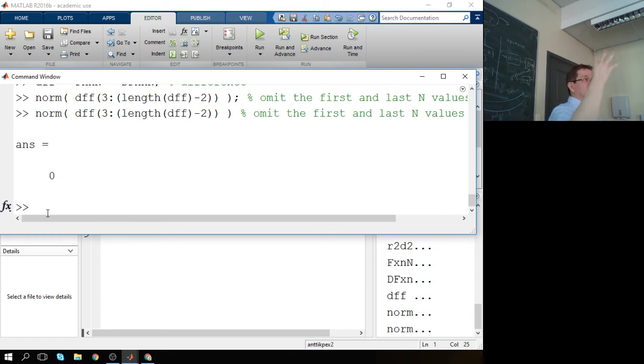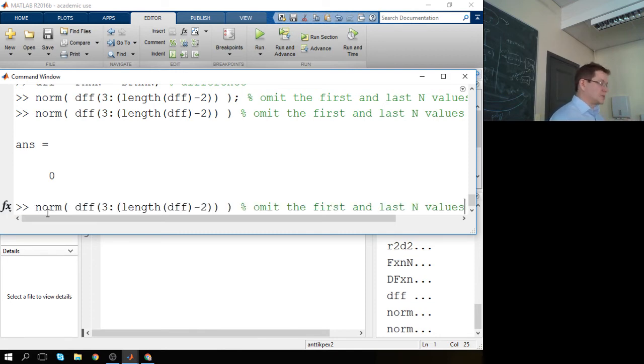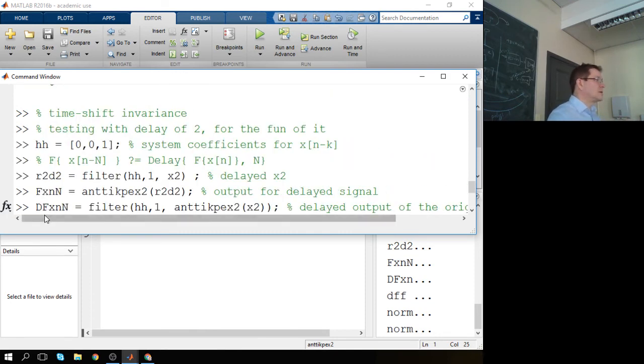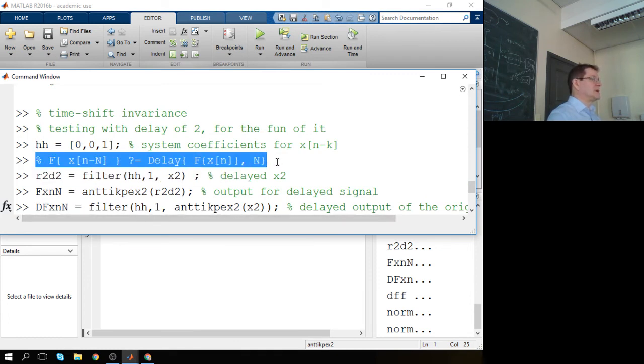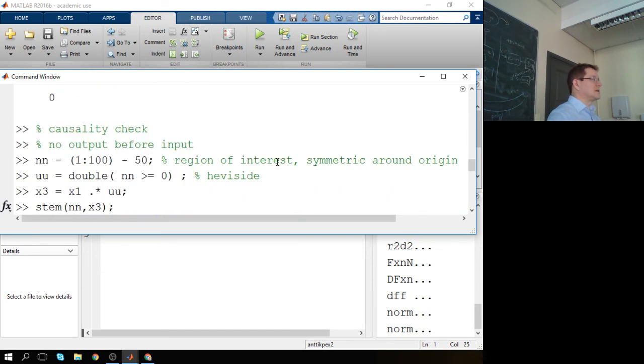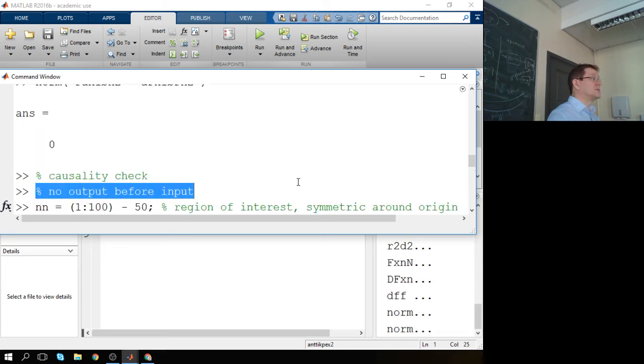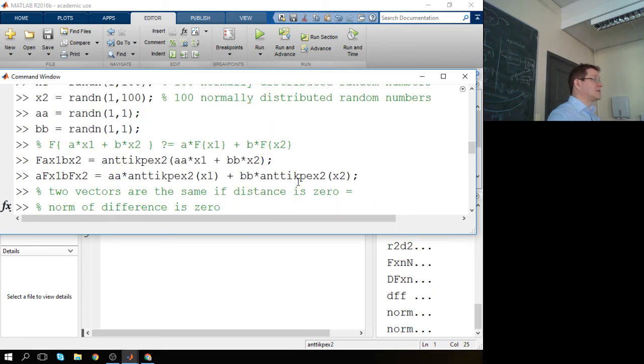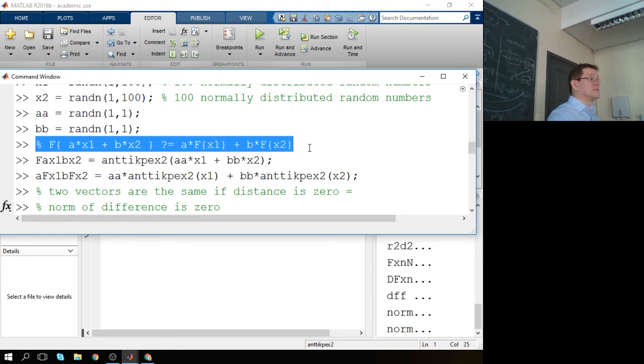So those three tests: time shift invariance, causality, where you test if there's no output before input, and linearity, which was simply testing if superposition actually works. Okay.